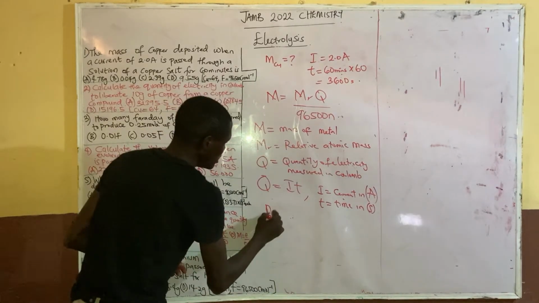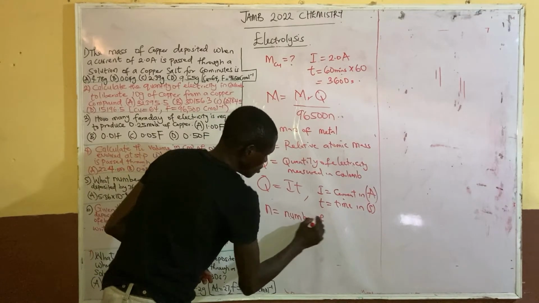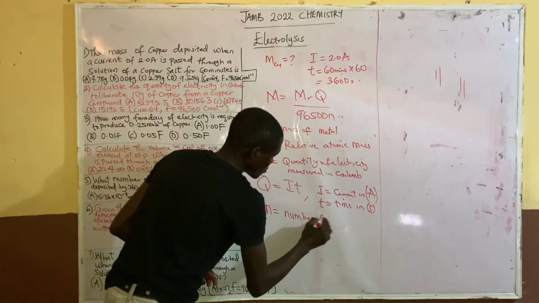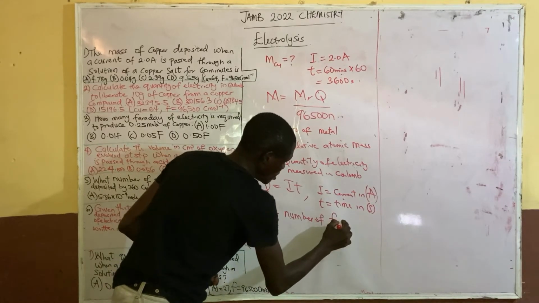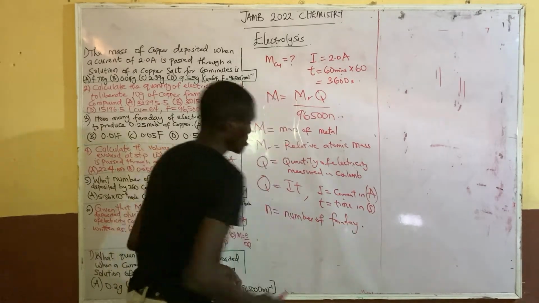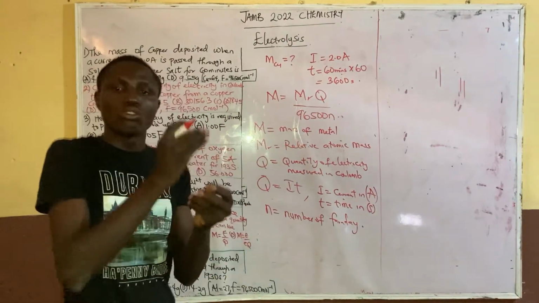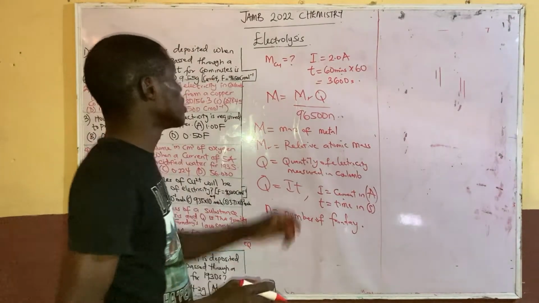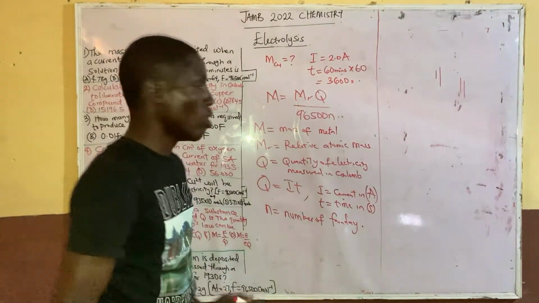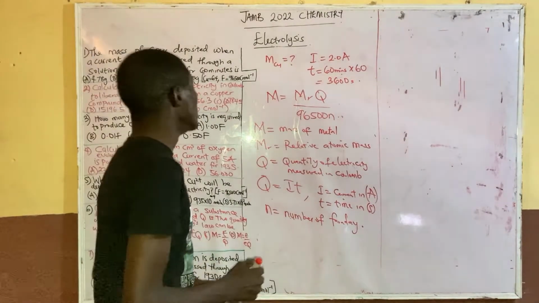Then N is the number of moles, or the number of Faradays, that is able to reduce the ion used.